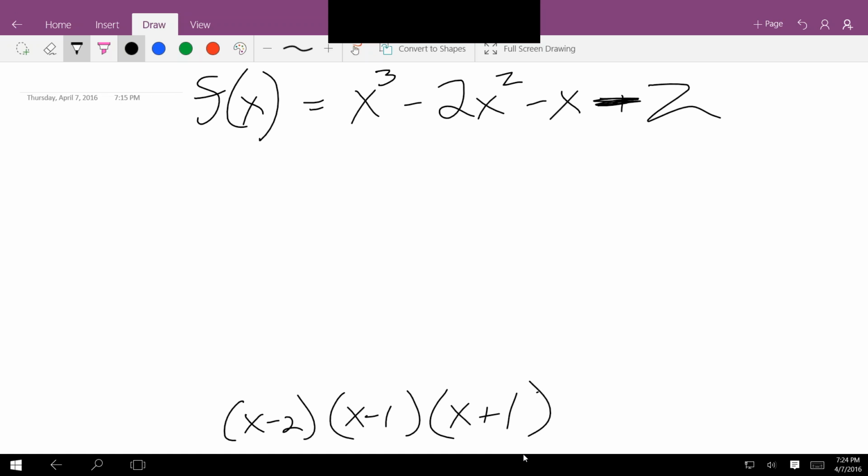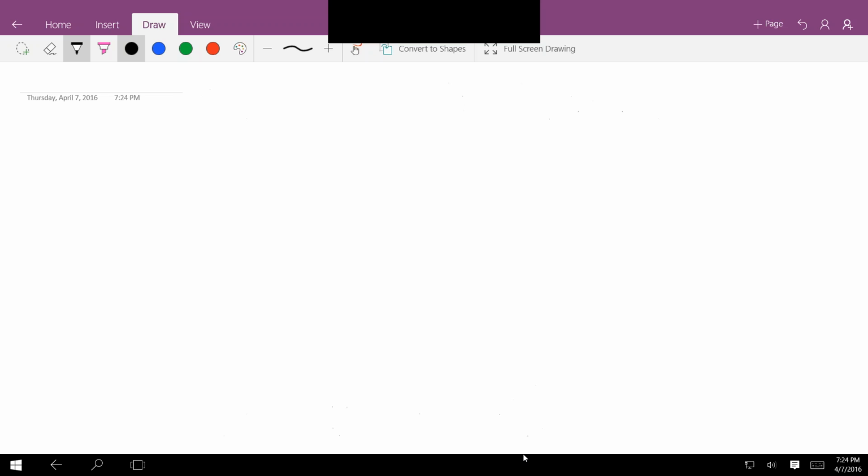All right, what else you got? I'm reading this problem, but it looks like it might take too long. Oh, this one looks crazy.